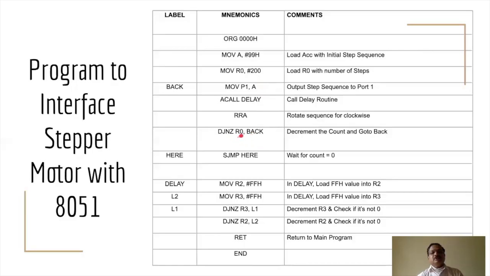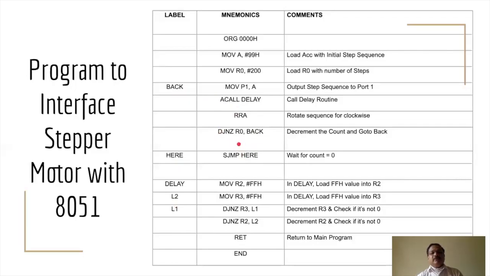So decrement that count by 1, and if it is not 0, go back. The label used here is back. Now these labels are automatically replaced by the actual addresses by the assembler after assembling the file. We write it as a .asm and then we get the .exe file after assembly.